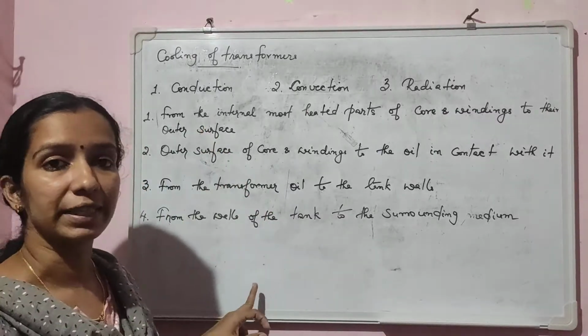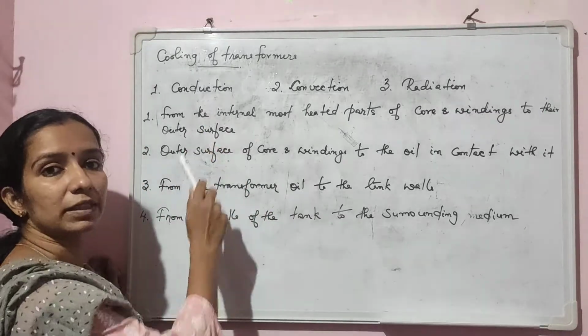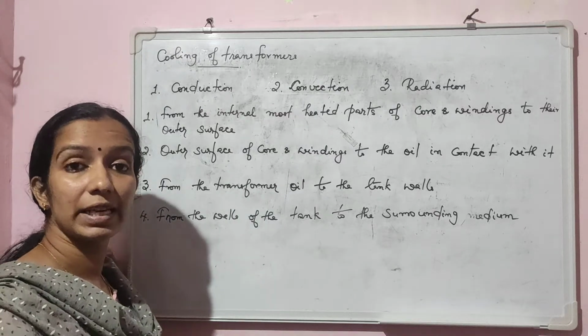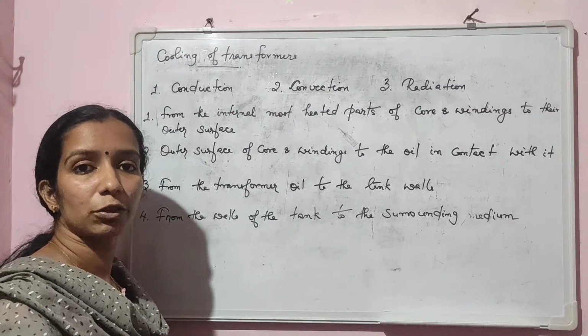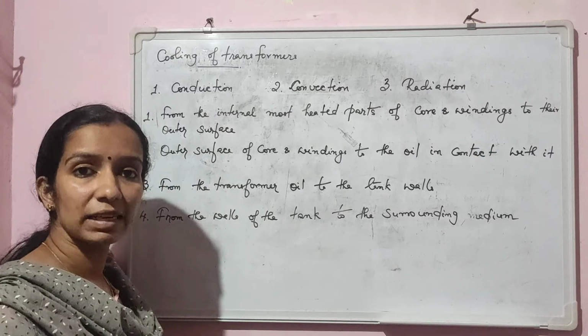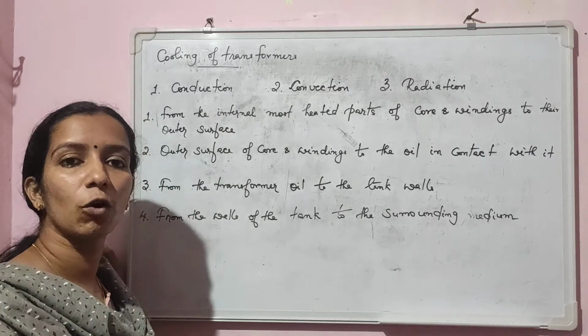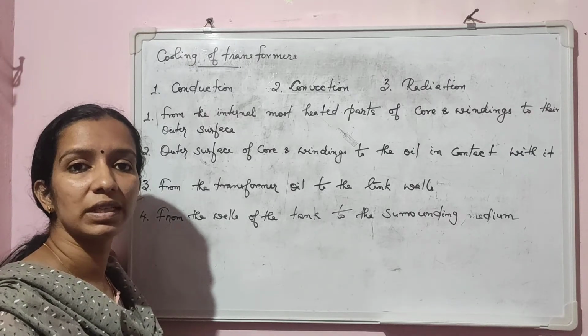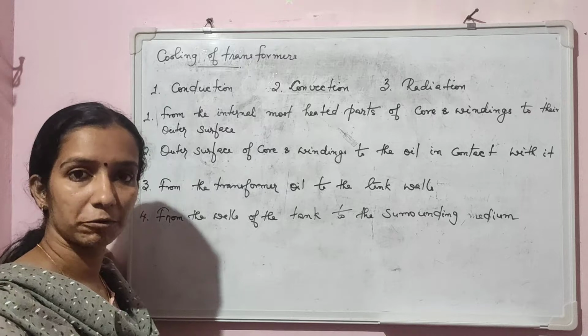So they are shown here. The first path is this one. Heat will be developed in the internal part of the core and windings. From those innermost heated spots, heat will first be transferred to the outer surface of the core and windings.